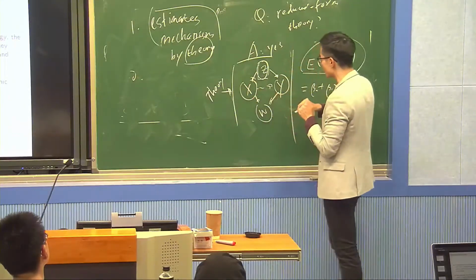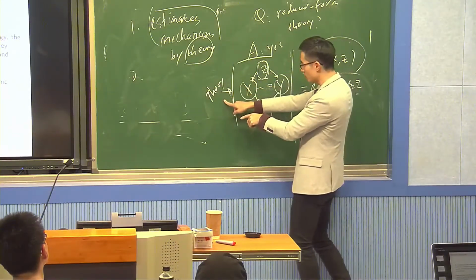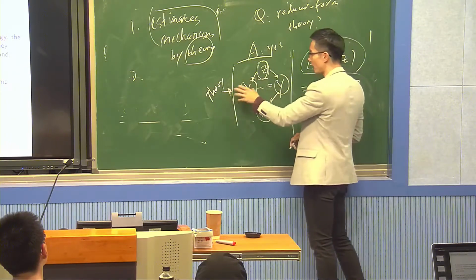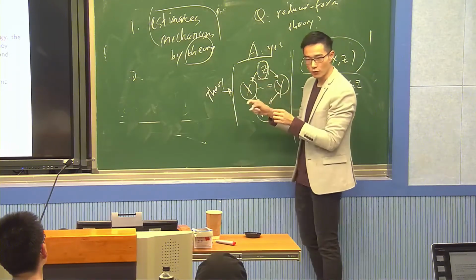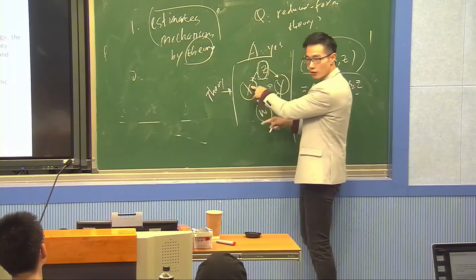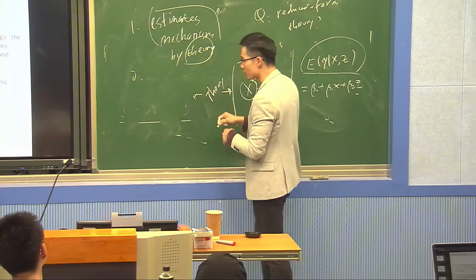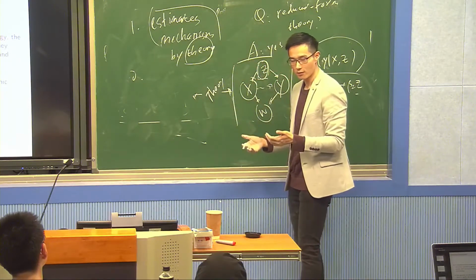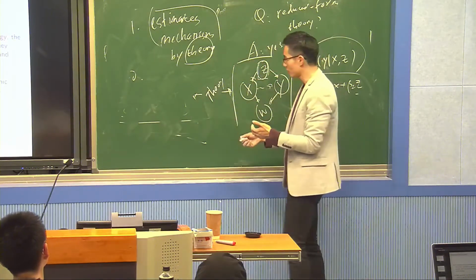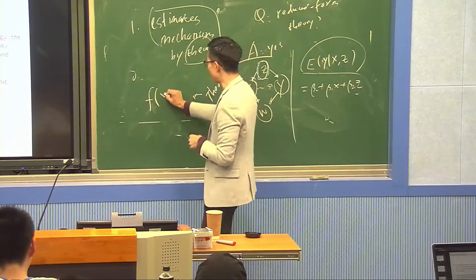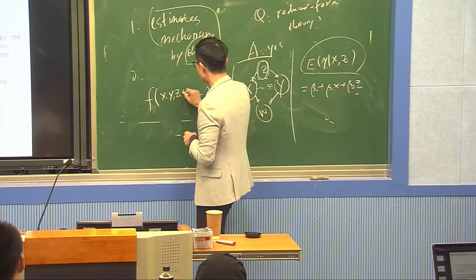Structural estimation also uses theory, but the theory is not only a graph. The theory actually gives the detailed functional form of what these links look like. So in that sense, what is economic theory? Economic theory, or any scientific theory, actually specifies the functional form of x, y, z, w.